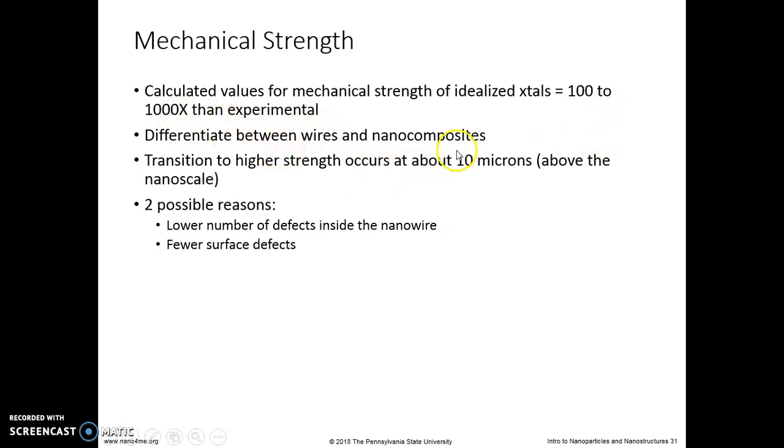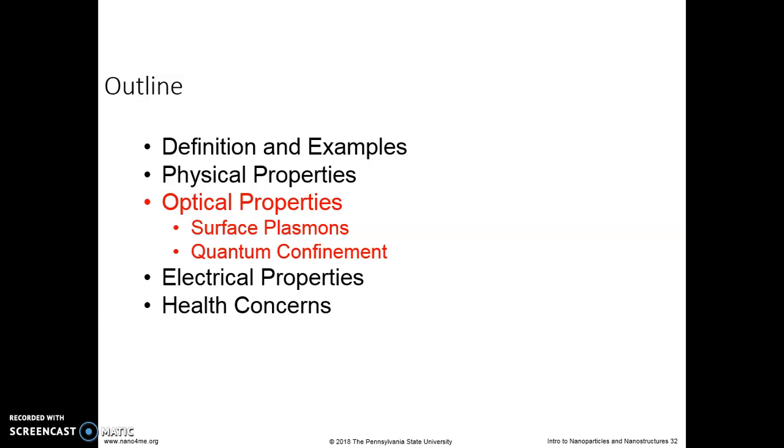It differentiates between the wires and nanocomposite. Transition to higher strength occurs at about 100 microns. The reason is the lower number of defects inside the nanowires and fewer surface defects. So with the help of these two things, it has the better mechanical strength.